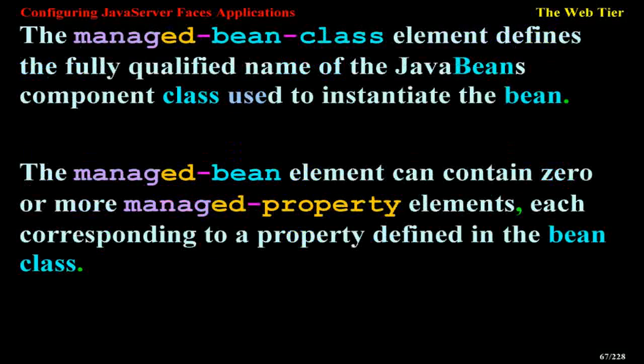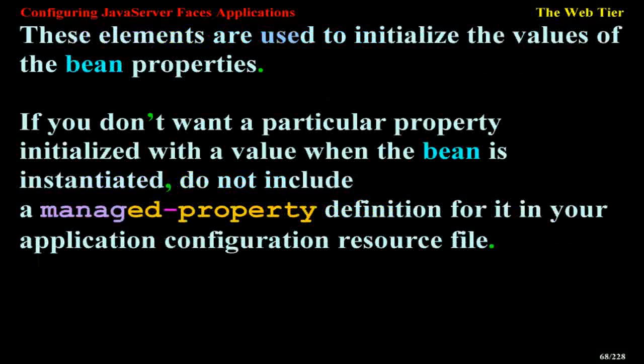The managed bean element can contain 0 or more managed property elements, each corresponding to a property defined in the bean class. These elements are used to initialize the values of the bean properties. If you don't want a particular property initialized with a value when the bean is instantiated, do not include a managed property definition for it in your application configuration resource file.